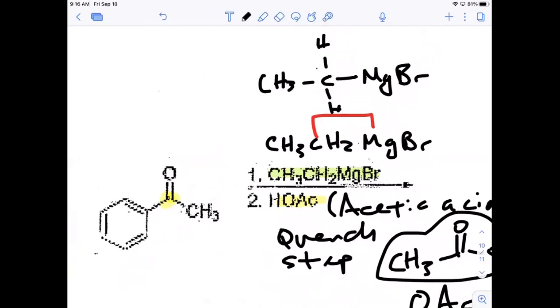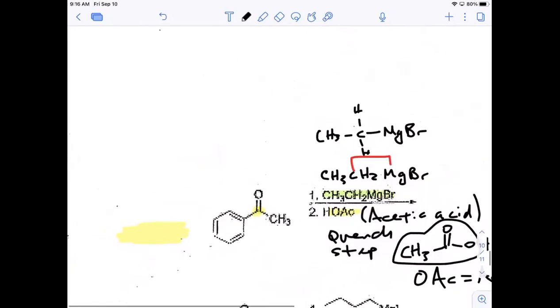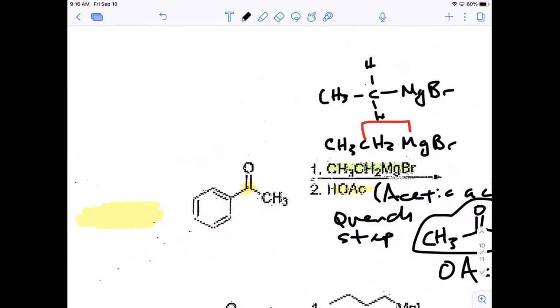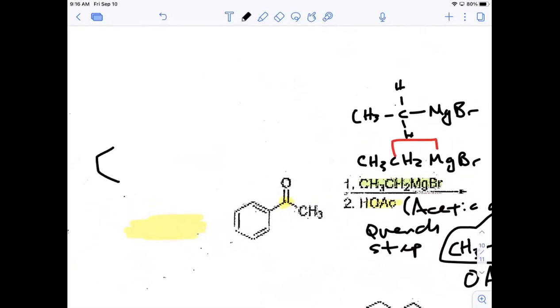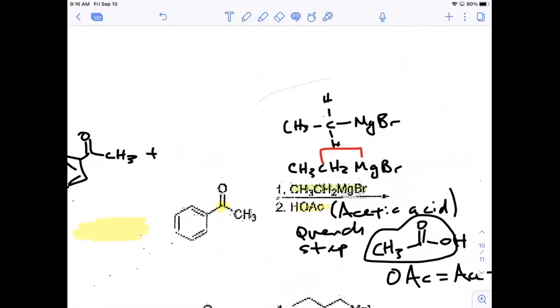All right, so where would you start? How would you show your arrows here? Actually, you know what? Let's redraw this where I can put them side by side. Let's drag this over here.